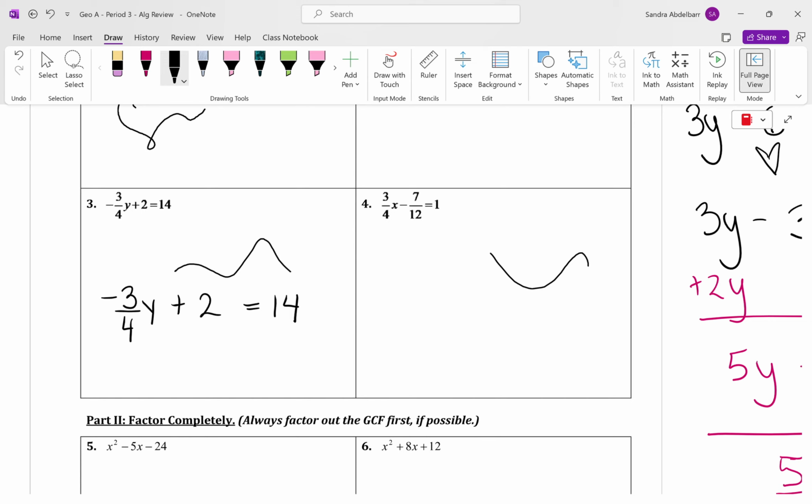Anytime there's a negative, I always just assign that negative to the numerator. There's a fraction. I always assign it to the numerator.